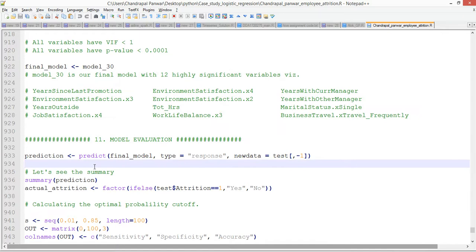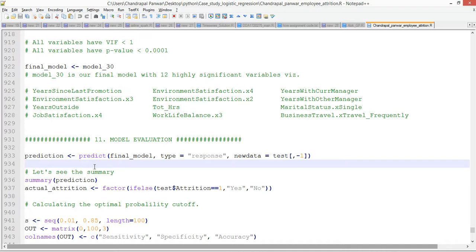So what are the findings? We found that there are certain variables which are negatively affecting employee attrition. One is environment satisfaction, job satisfaction, work-life balance, and if a person is outside the office for a long time, it also affects the attrition rate.